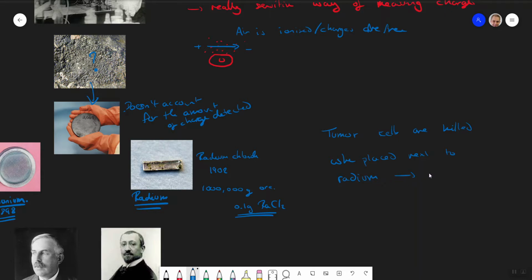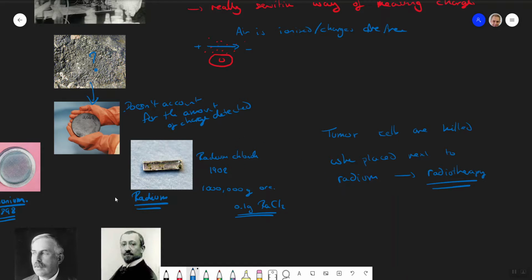So she is the first person, essentially, to recognize the possibility of radiotherapy: the healing aspect of killing tumor cells by putting them next to radioactive materials.